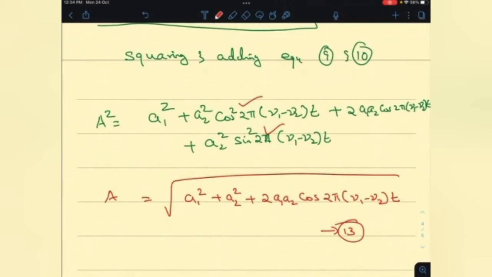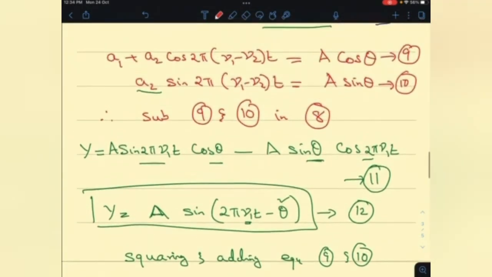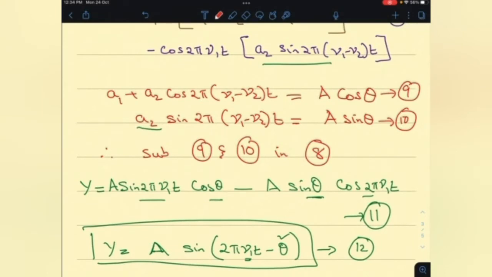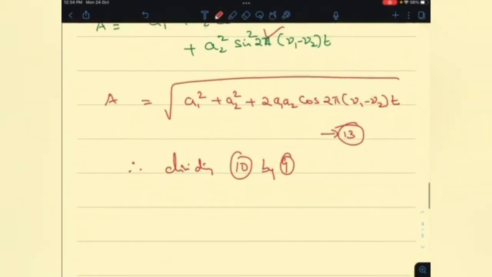Therefore, dividing, we have tan theta is equal to A1 sin 2 pi nu 1 minus nu 2 t divided by A1 plus A2 cos 2 pi nu 1 minus nu 2 t.